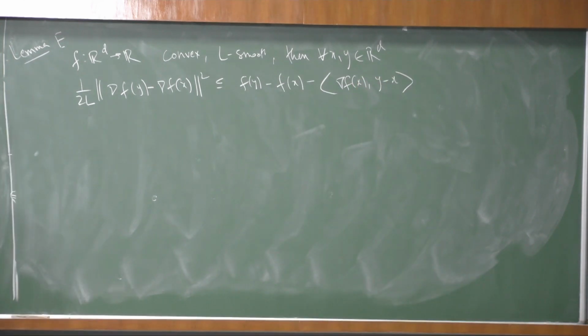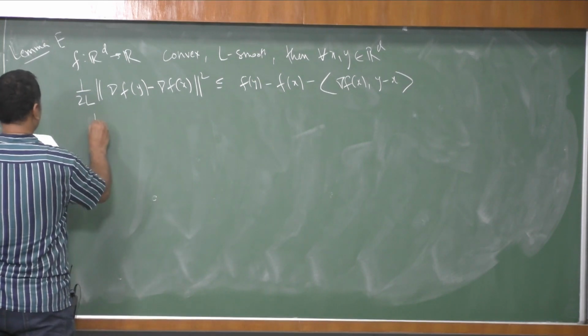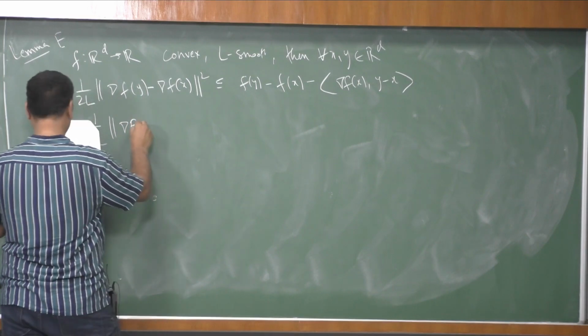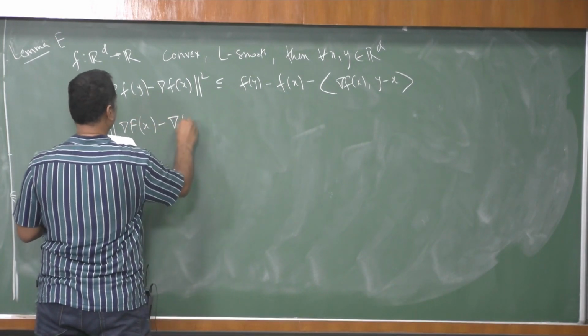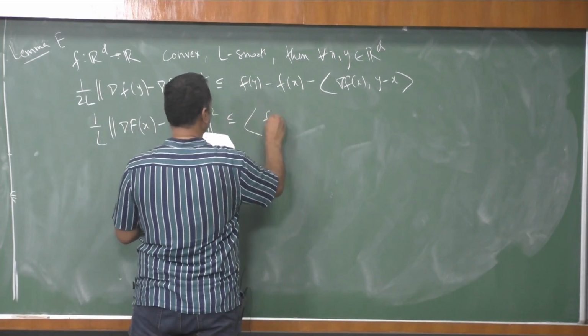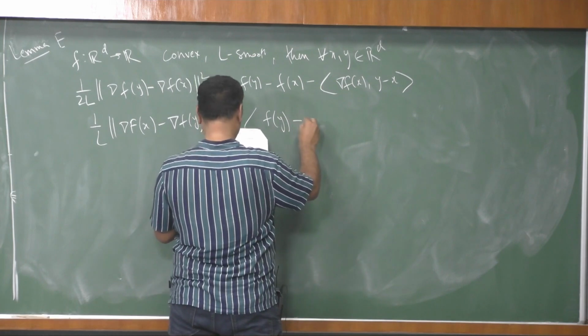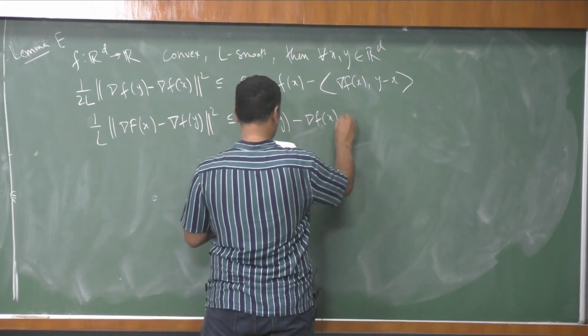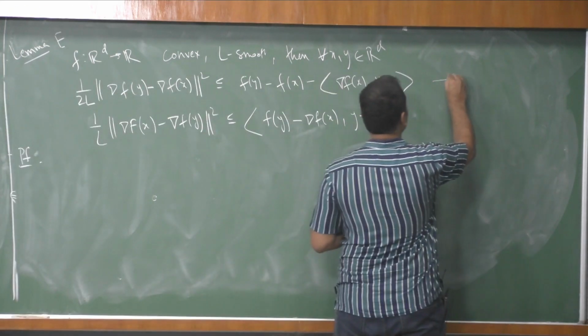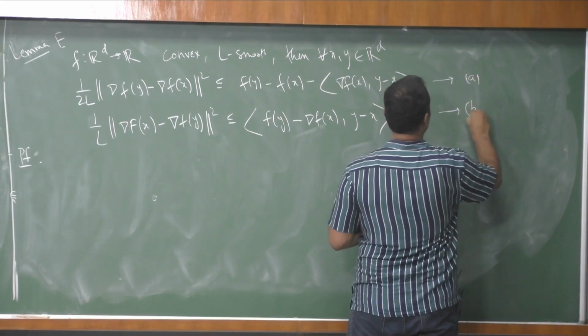And (b) 1 by L of the norm of grad Fx minus grad Fy, squared, is less than or equal to grad Fy minus grad Fx, y minus x. These are intermediate results which we will find useful at some point. Let us call this small a and this small b.